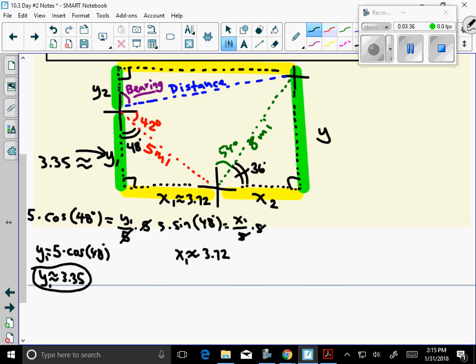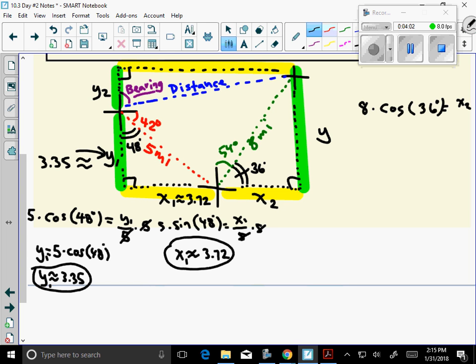Okay, so we got that length. Okay, well, let's work over here. Let's find x2 and let's find y. So the cosine of 36 equals x2 over 8. I'm going to skip a step. Instead of multiplying both sides by 8 and showing that it cancels, I know that that's true.